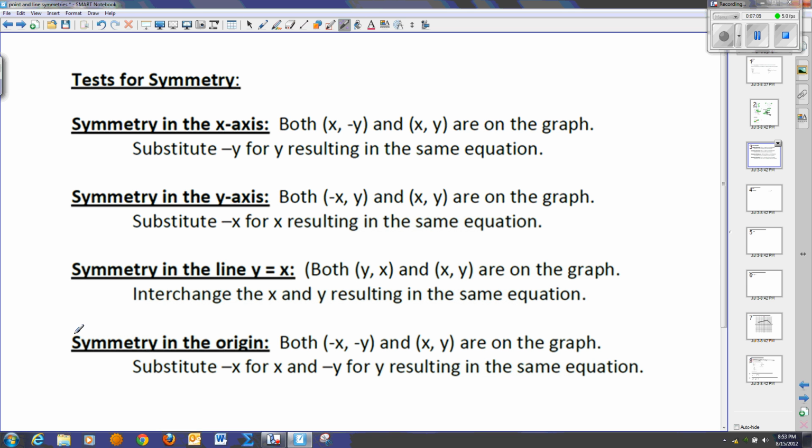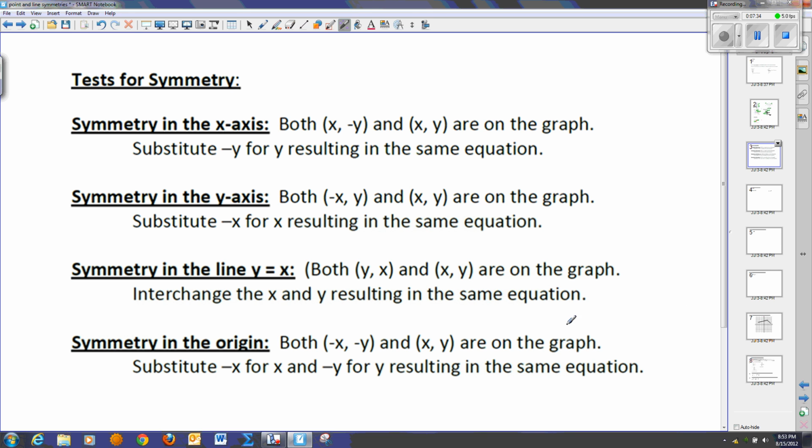And finally, in our line tests, I actually didn't include y equals negative x, then we know that xy would go to negative y, negative x. That's included on the previous page. If we want to look at the origin, then we notice if we have an xy, then negative x, negative y is also going to be on the graph.